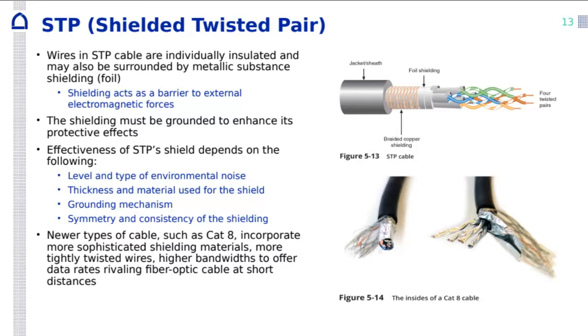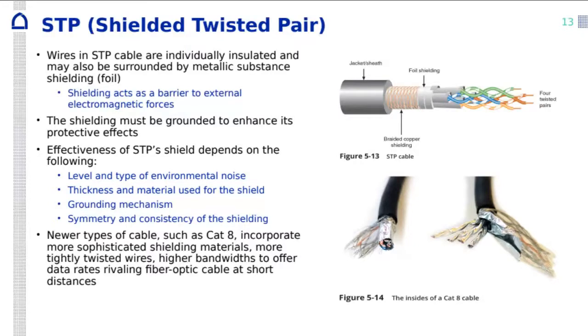And to have good quality of the shield, we have to take care of these factors: level and type of environmental noise, thickness and material used for the shield, grounding, how you are doing the grounding, proper grounding, symmetry and consistency of the shielding. And the shielding all over the cable is the same thickness. Okay.